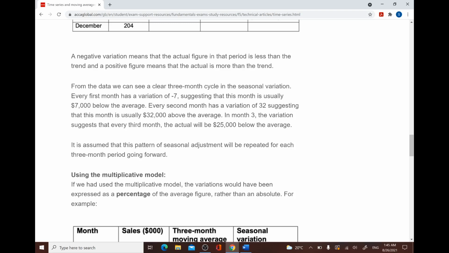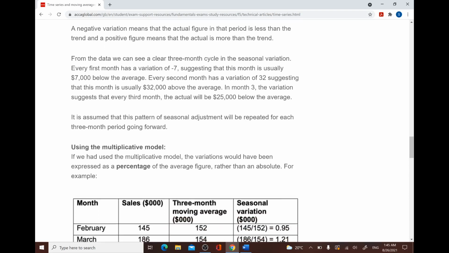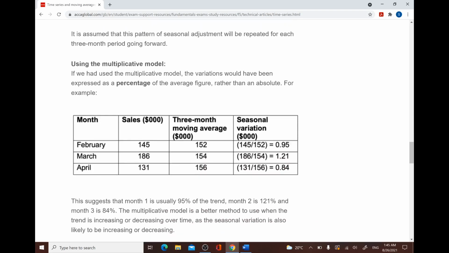So that's what you can see. A negative variation means the actual figure in that period is less than the trend, as we said. And a positive figure means that the actual is more than the trend. Of course, positive will be good because positive indicates higher sales, or it could be the revenue or the quantity. Okay, that's quite okay with the explanation I've just mentioned.